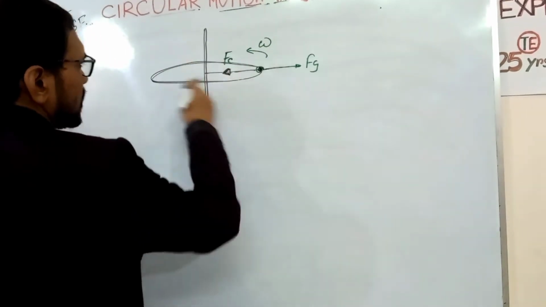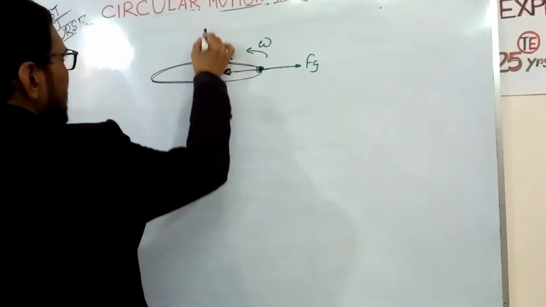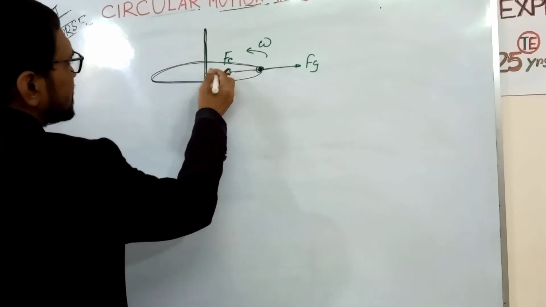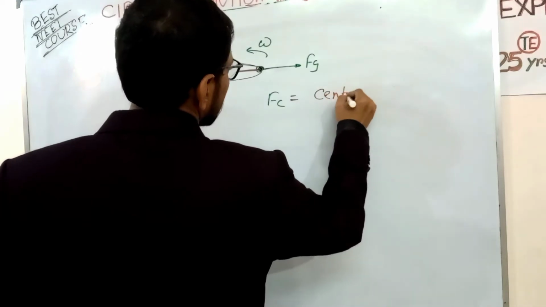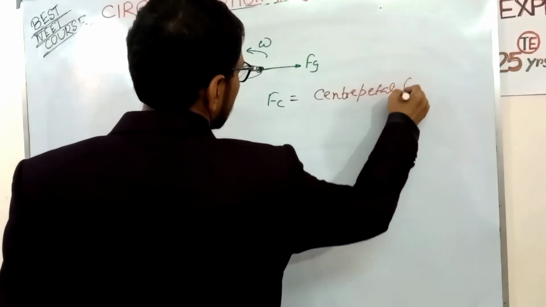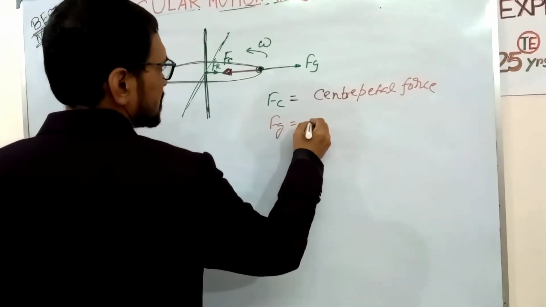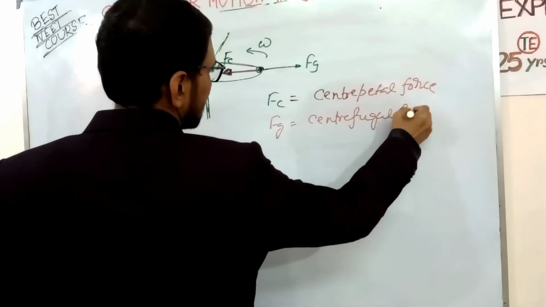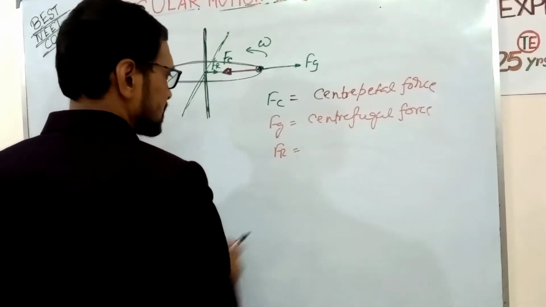Now when the body rotates, then a force acts on the rod if it is loosely held. Fc is equal to centripetal force, Fg equal to centrifugal force and Fr equal to centrifugal reaction.